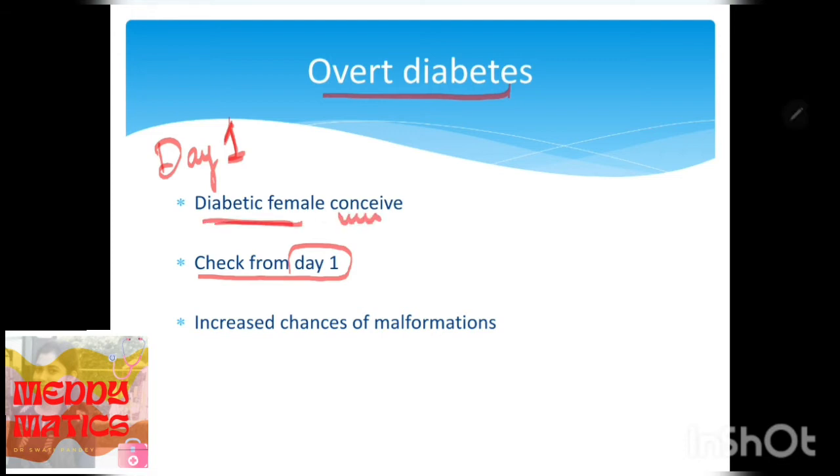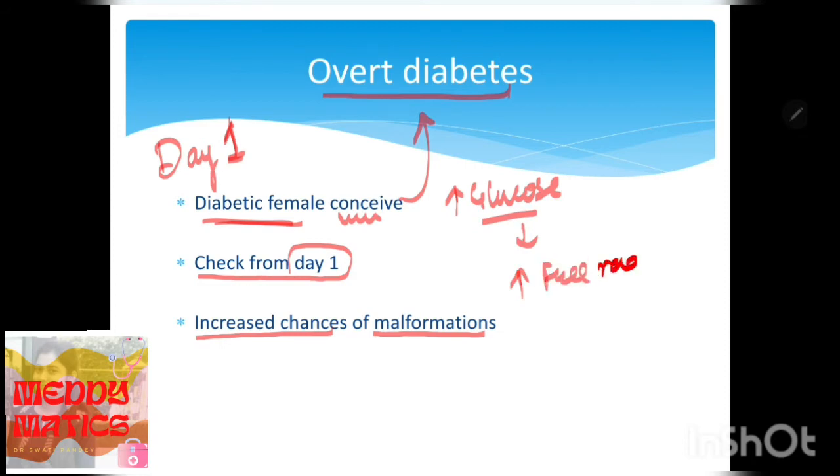When a diabetic female conceives, it is known as overt diabetes, and there are increased chances of malformation because increased glucose can lead to increased formation of free radicals, and these free radicals can lead to malformations.